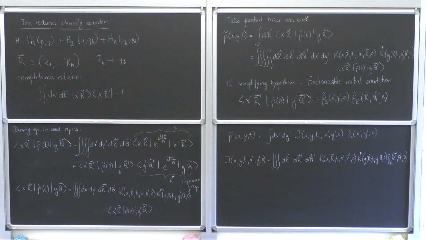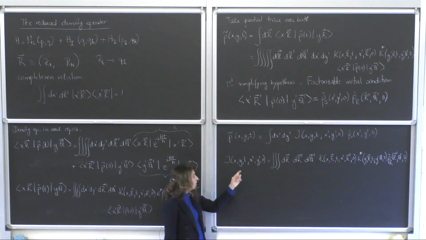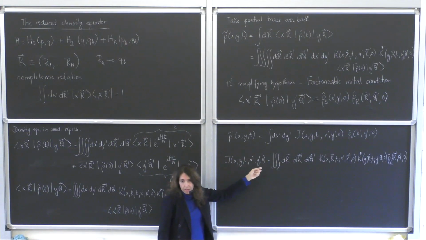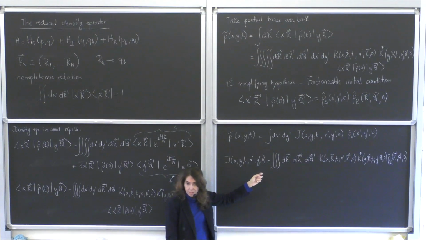So I separated everything that depended on the bath here, which is the K times the K star times the initial part for the reservoir. And after I will integrate over r, r prime, and q prime, this is going to be just a function of x and y, and x prime, y prime, right?